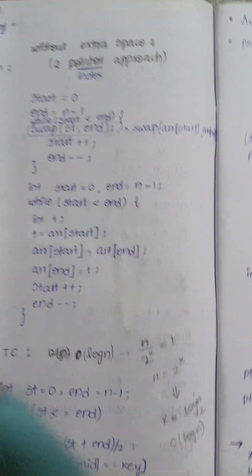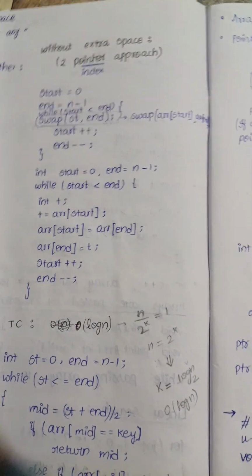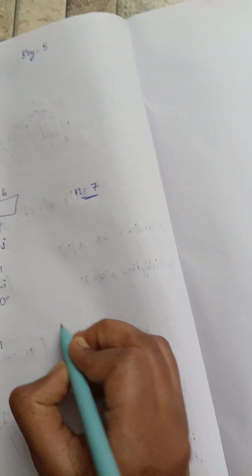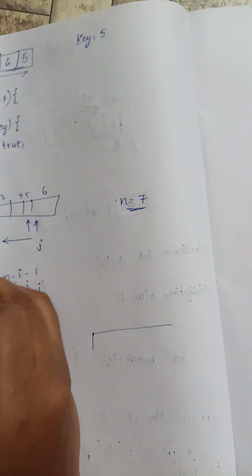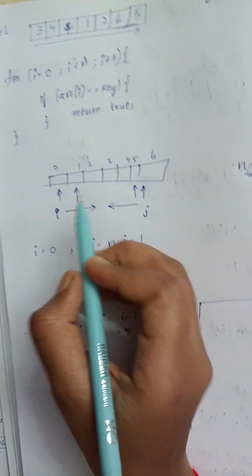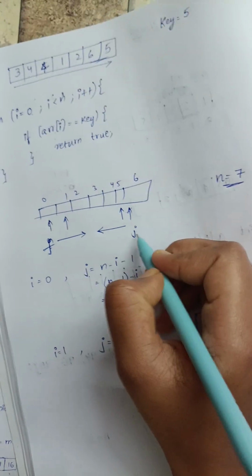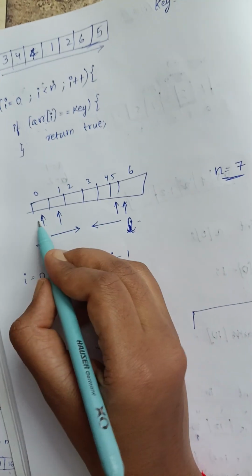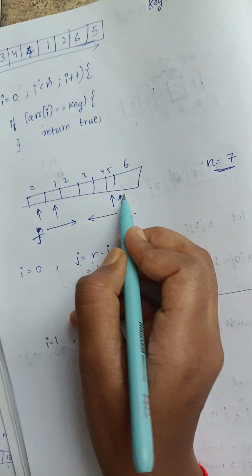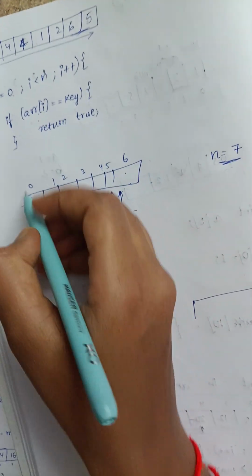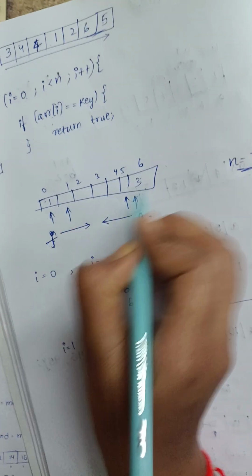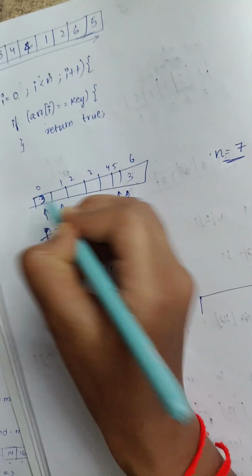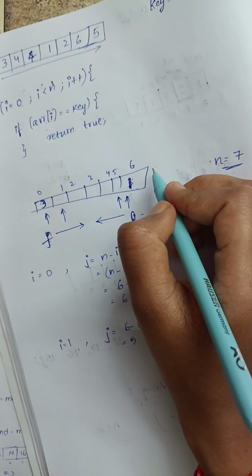And without extra space means we'll take 2 pointers. As we are taking 2 pointers here, I and j, we can use them as f and l, first and last. When we reach both of them, we can just swap these elements. If it is 1 and 3 initially, we'll make it 3 and 1.